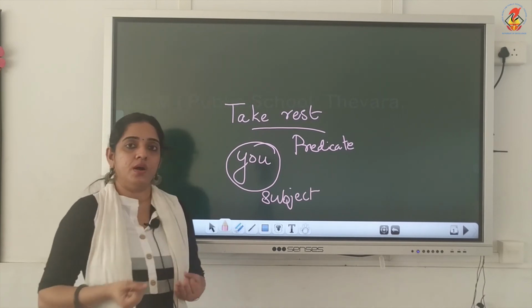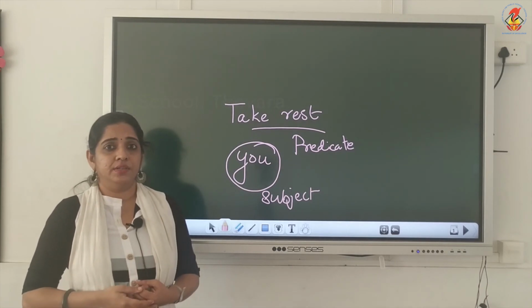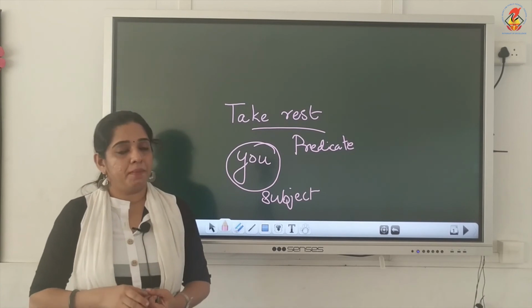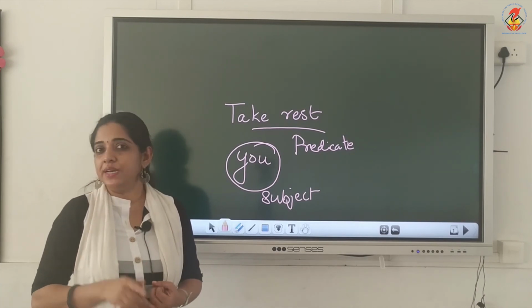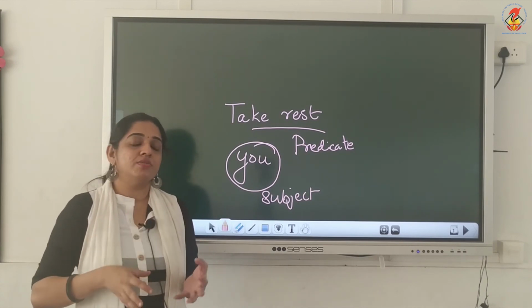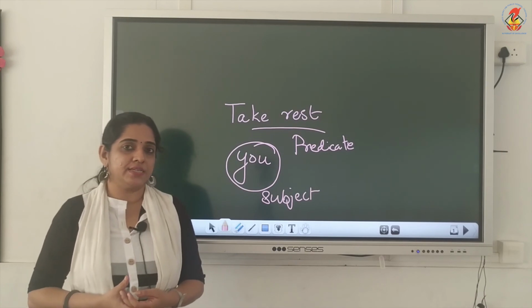Usually if there is a verb, I told you my mother bakes cake. Verb is bakes. You ask the question, who bakes cake? My mother. So my mother will be the subject always. Then more about a subject, what the subject is doing, that is predicate.